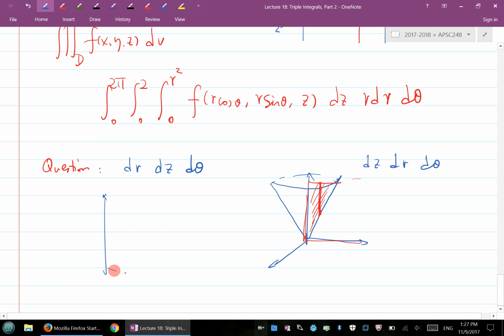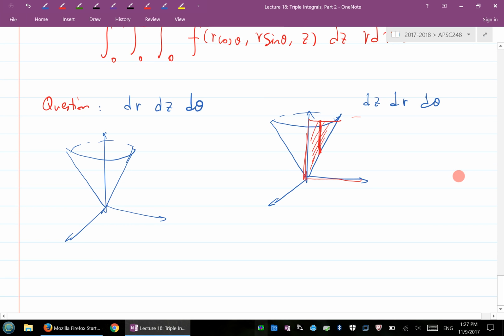Let's see, can we follow a very similar line of thinking here? If you do dr dz d theta, then your first step, the line that you draw, is the first sweep direction. In this case, you're sweeping along the r-axis direction.